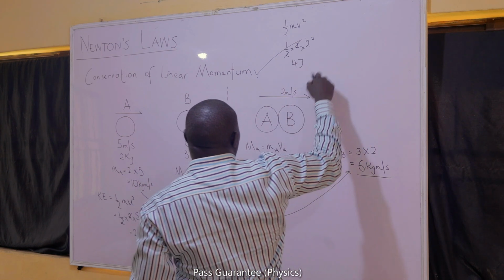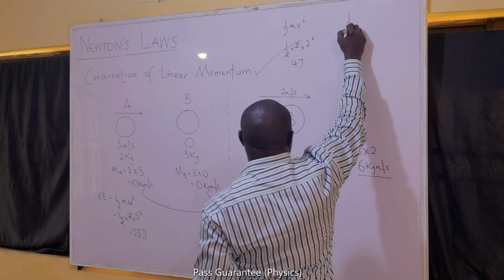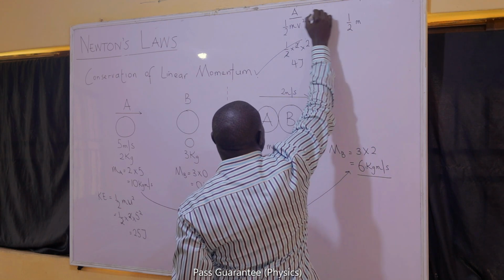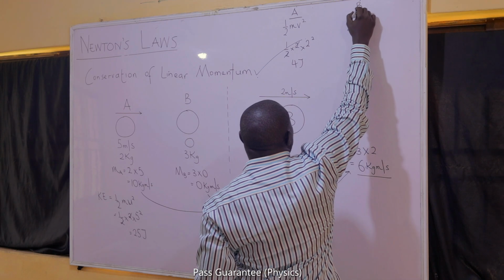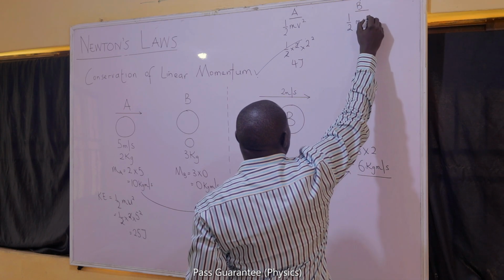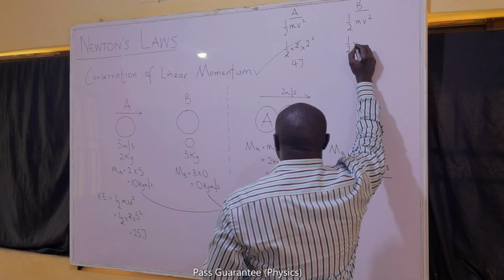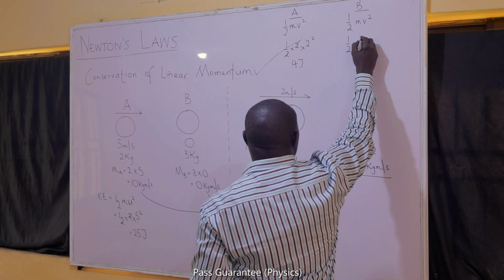For B, I want to find the kinetic energy, half mv squared. That was for A, the final kinetic energy of A. The final kinetic energy of B is half mv squared. That will be half multiplied by the mass of B, which is 3.